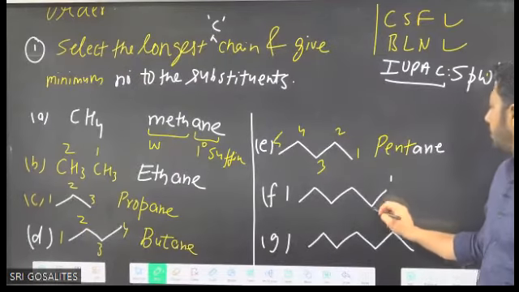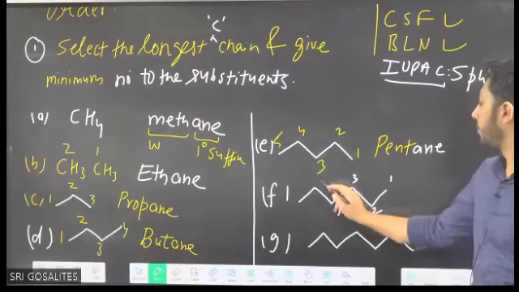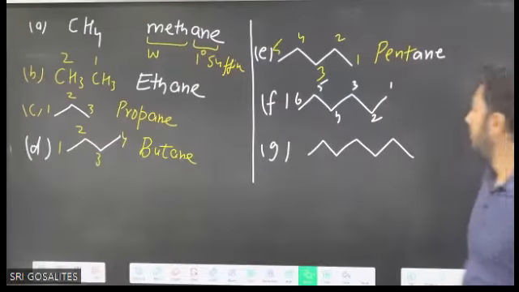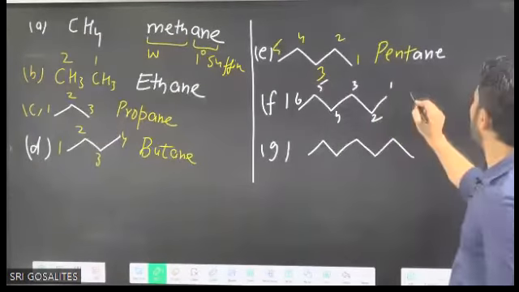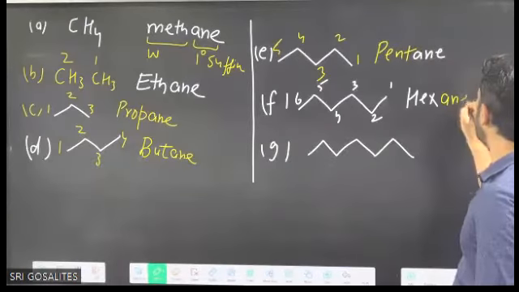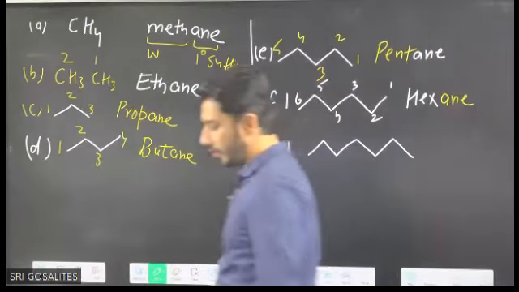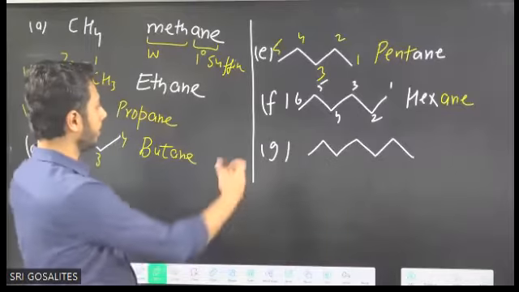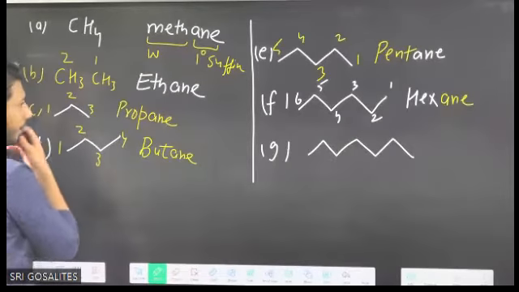Next one, 1, 2, 3, 4, 5, 6. Root word hex, then ane. We are only discussing first nomenclature in the alkanes. Okay? Next one, it is how many? 7 carbon.